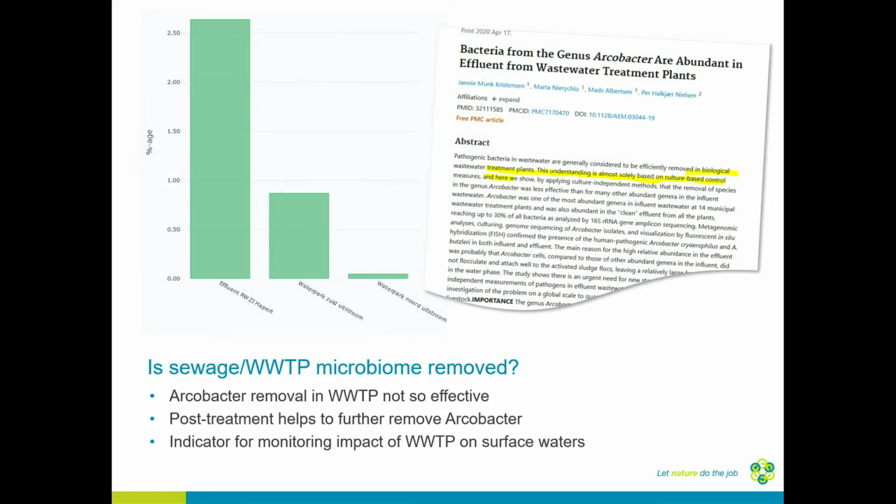Another interesting thing that came out of this is that certain species weren't being removed very efficiently by the wastewater treatment plant. So the genus of the qPCR, and there was a publication from the same group as Morten actually, that had also seen this, that wastewater treatment plants don't seem to be very good at removing this genus. And it's a genus you want to remove because A, it's a potential pathogen, and also for microbial resistance, it's one you don't want to have in your surface water.